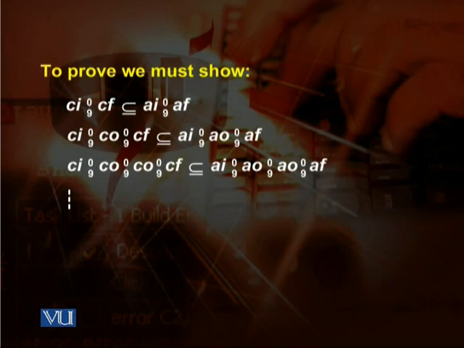We must show this. Then we must show that Ci followed by Co followed by Cf is a subset of Ai followed by Ao followed by Af. And we keep on doing this. We say Ci followed by Co followed by Co followed by Cf is a subset of Ai followed by Ao followed by Ao followed by Af, and so on and so forth.